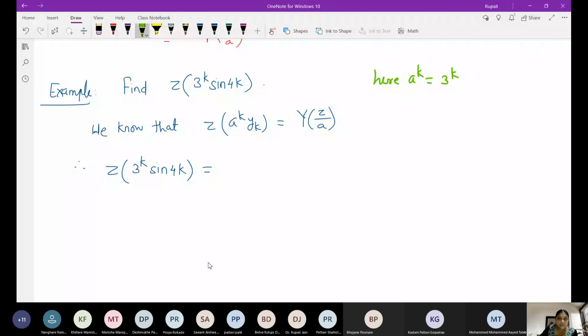And yk is sine 4k. So what is my capital Y(z)? If yk is sine 4k, what is the Z transform of sine 4k? We have already calculated this.